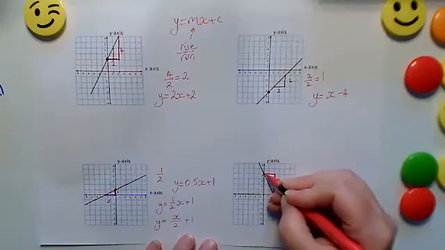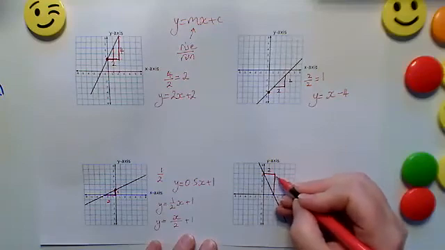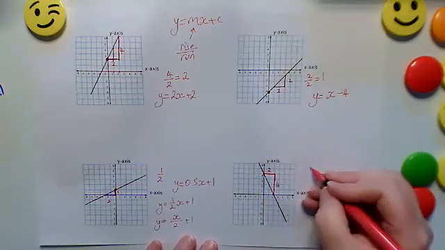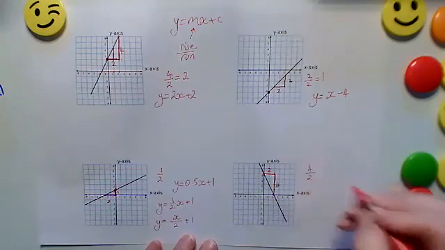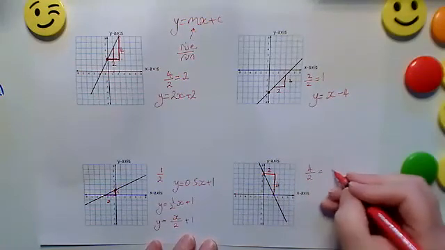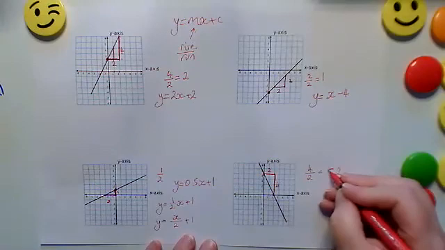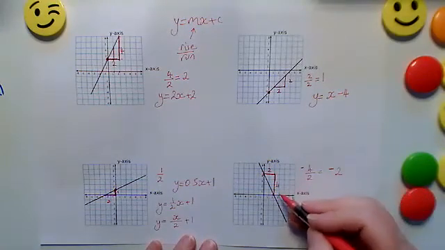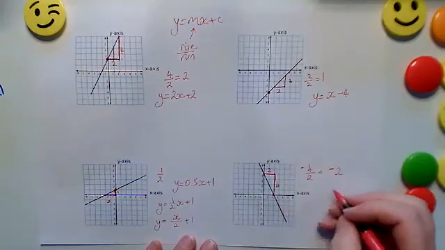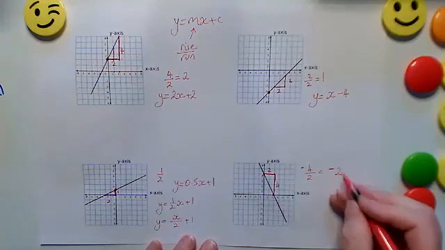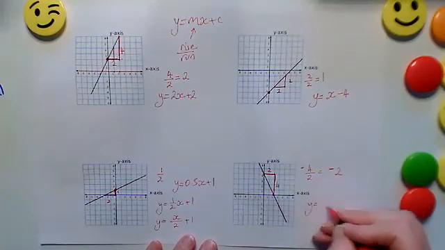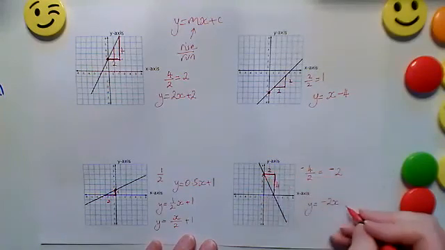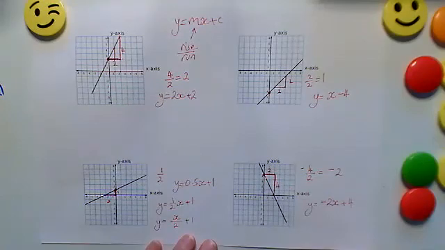So I've got a run of 2 and then a rise of 4. So rise over run tells me that this is going to be a negative gradient of 2. Should really put a negative 4 there, because it's not an increase, it's a decrease. Okay, so my gradient is negative 2, so y equals negative 2x, and it passes through the y-axis at 4.